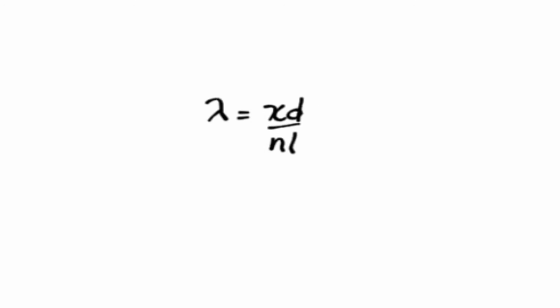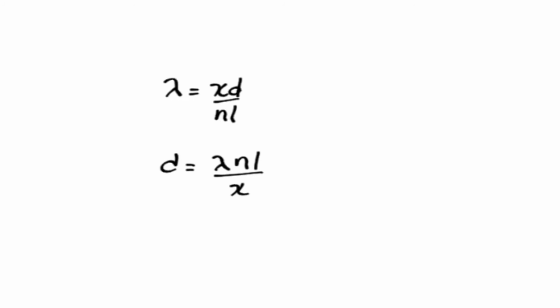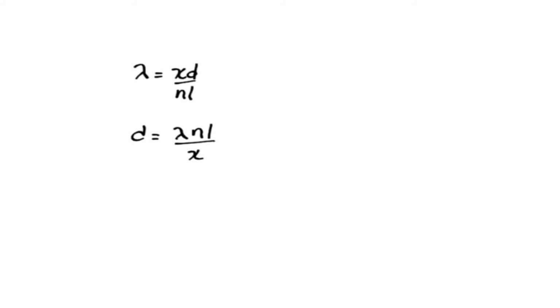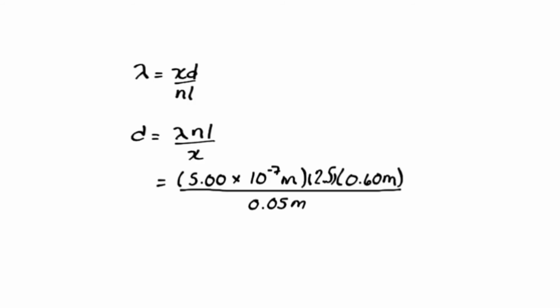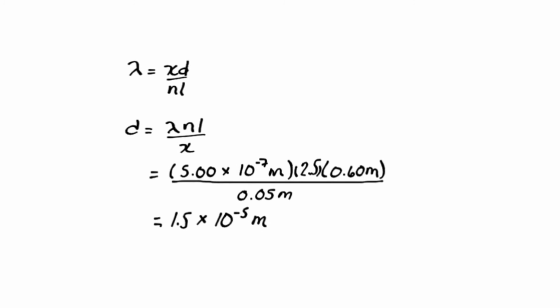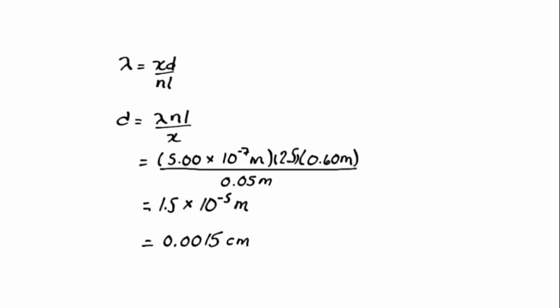This is going to give us d equals lambda nl divided by x. So if we substitute everything in and then put it into our calculator, we get 1.5 times 10 to the negative 5 meters. But we're interested in centimeters, so let's multiply it by 100, and we're going to get 0.0015 centimeters.